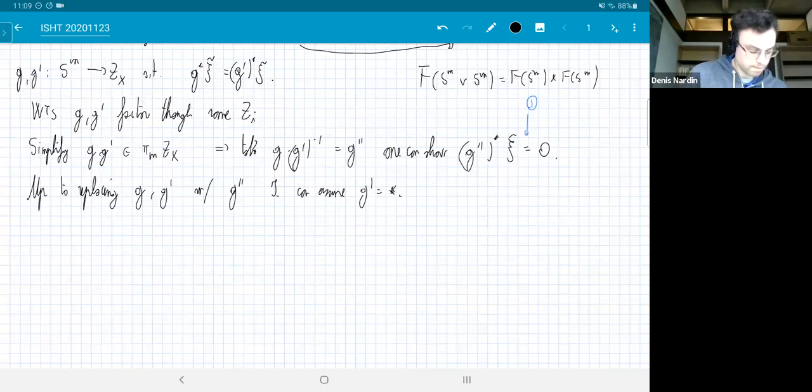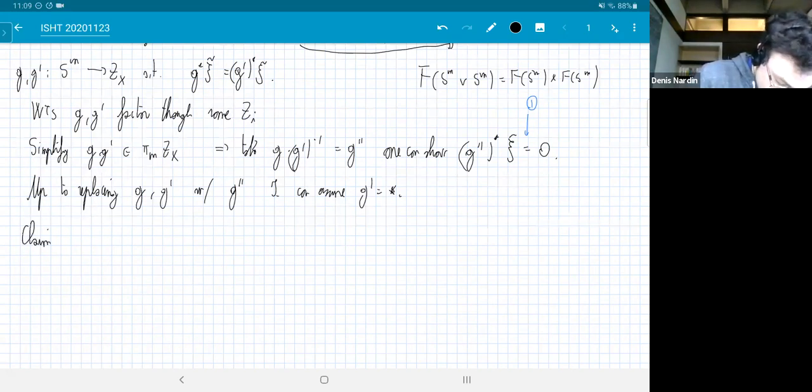So, okay. Now I claim that pi m of Zx is just a colimit over I of pi m of Zi.